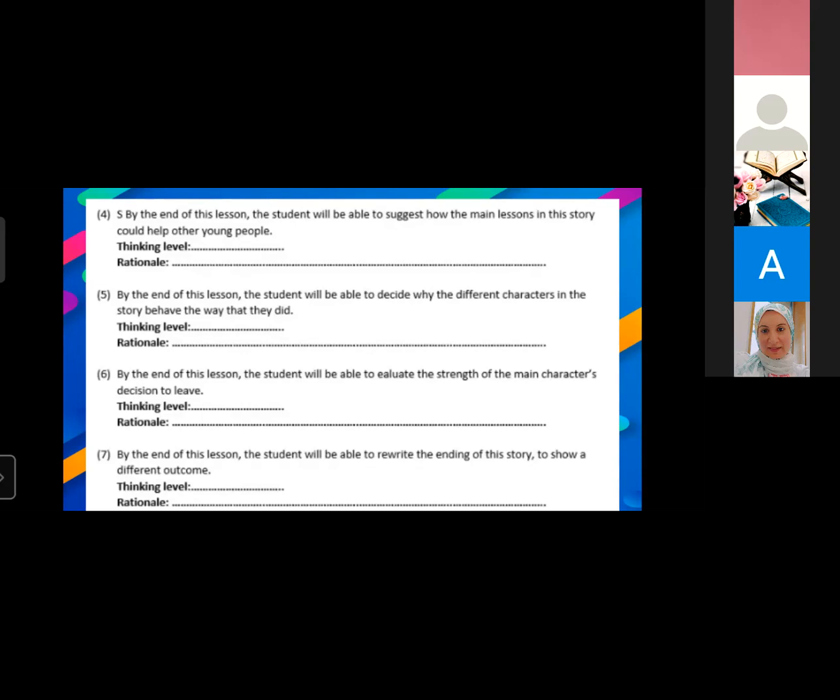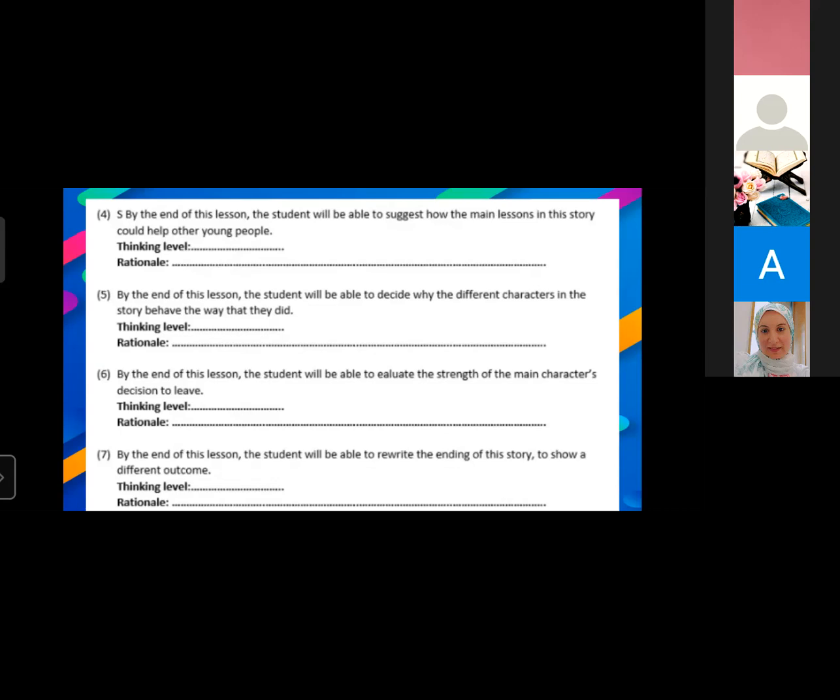So all your answers are correct. It can be analyzing if they decide the different characters. If they decide why the different characters in the story behave the way that they did, they express their opinion about each character. So this is evaluating. Thank you. Great, my dear. Good. Great mentors, of course.